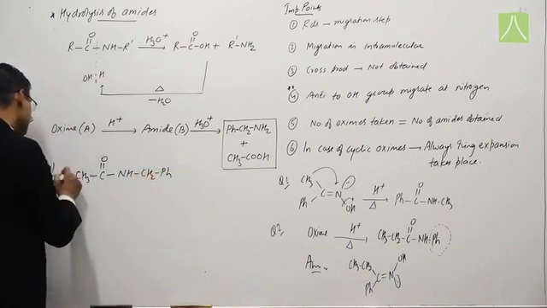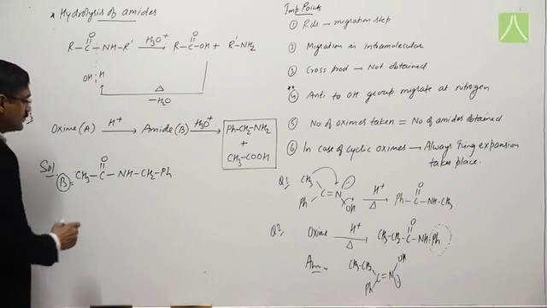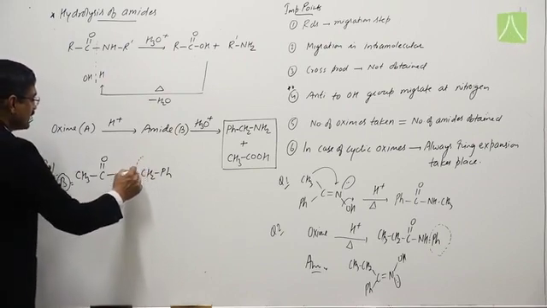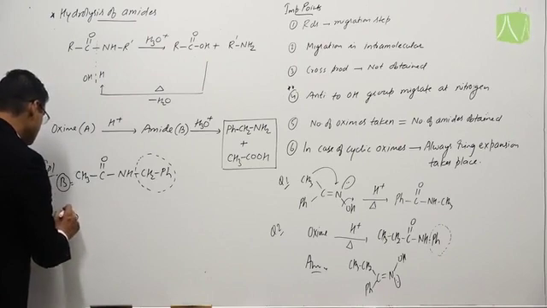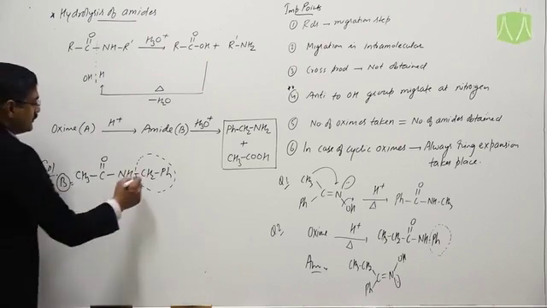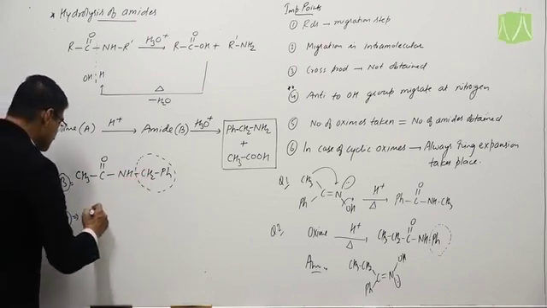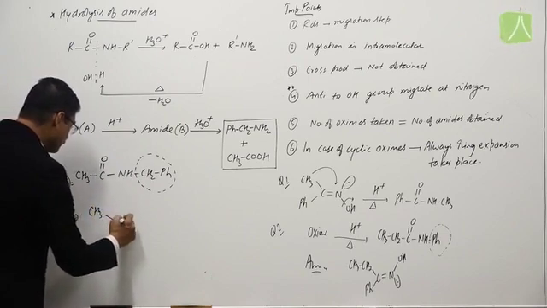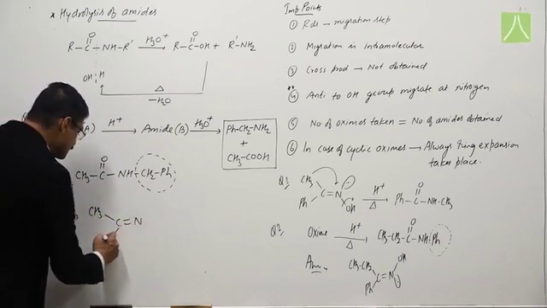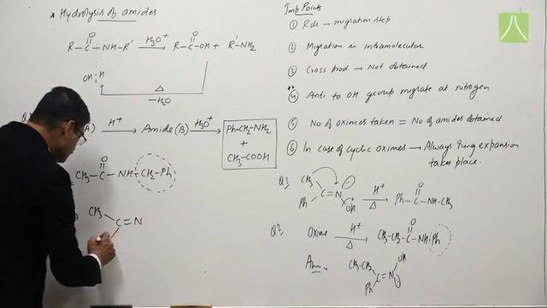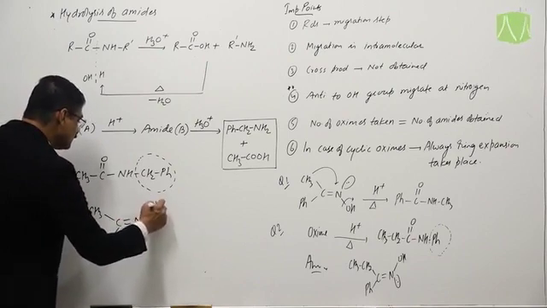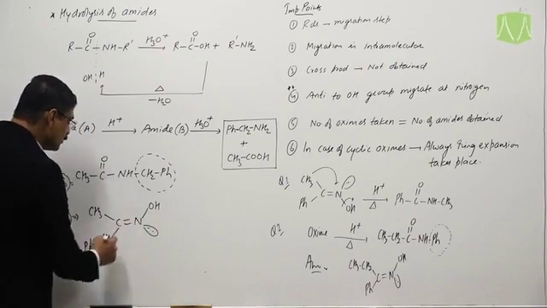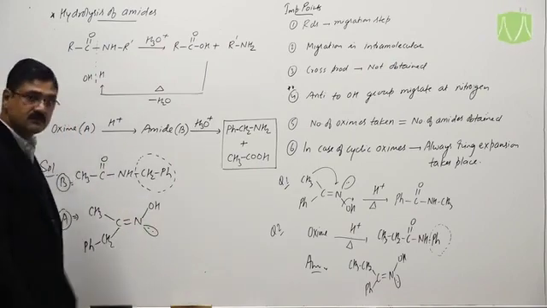This is the structure of B. According to B, we can find the structure of A. So this group migrates to the nitrogen, so it was originally on carbon, and it should be anti to OH. So this is the answer.